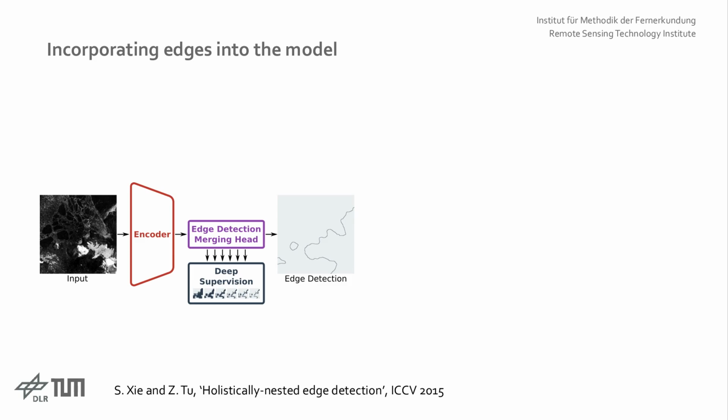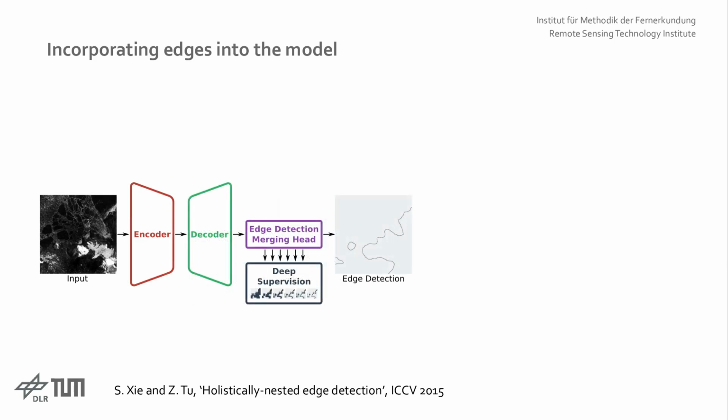Now, the decoder part of the UNet is a great idea because it allows information to flow from the low-resolution feature maps back to the high-resolution maps. So let's put it back in. This architecture is now a generalization of both UNet and HED. So there's good reason to believe that it can take on both the task of segmentation and that of edge detection. There's nothing stopping us now from introducing a second merging head for outputting a segmentation mask.